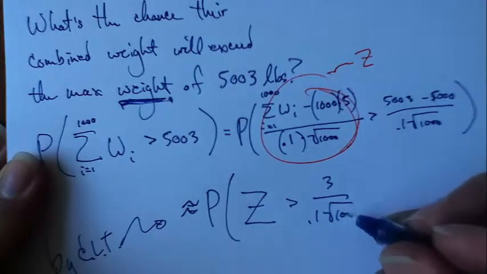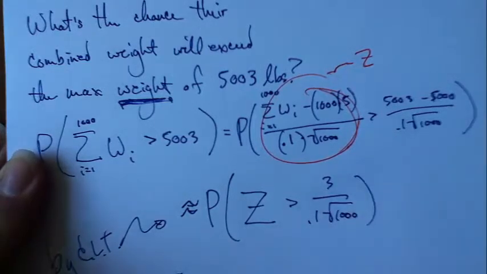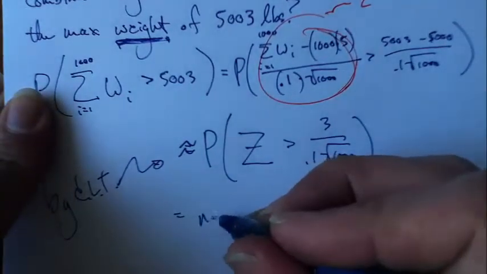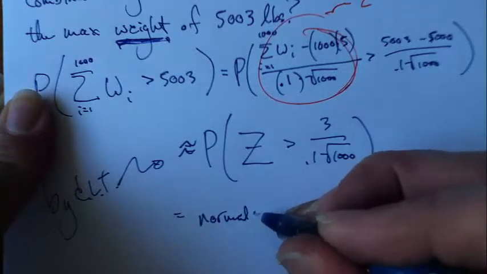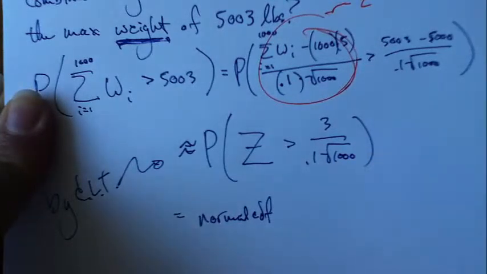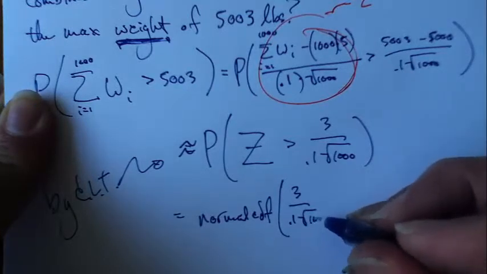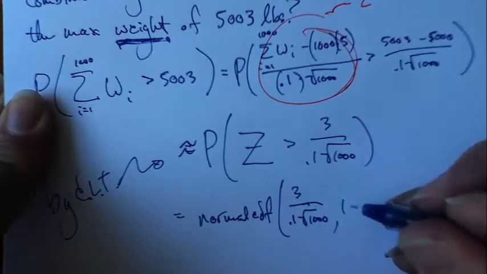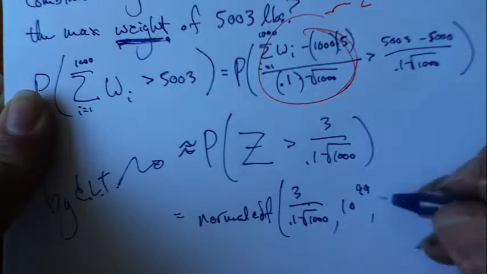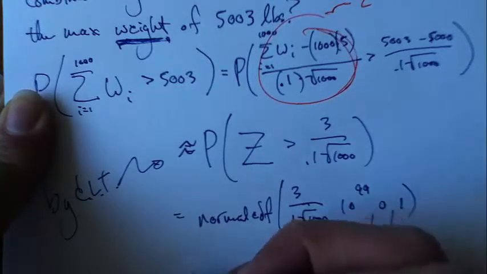I can put that into my calculator: normal CDF of 3 over 0.1 root 1,000 up to, say, 10 to the 99th, with mean 0, standard deviation 1.